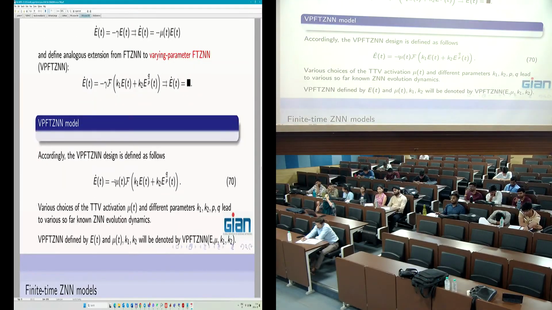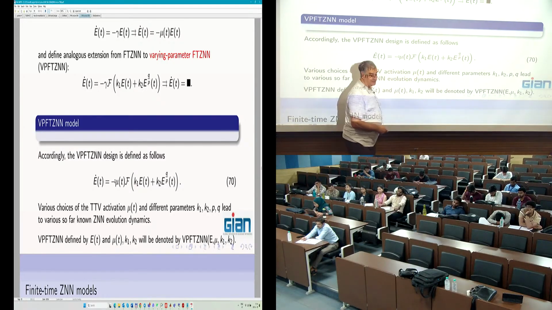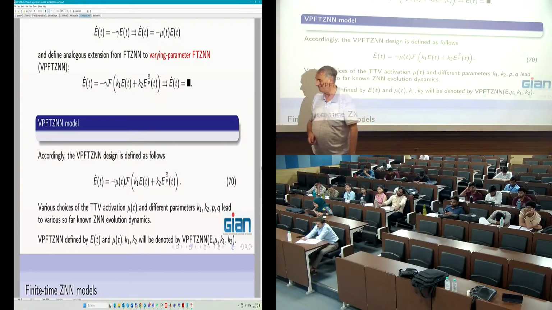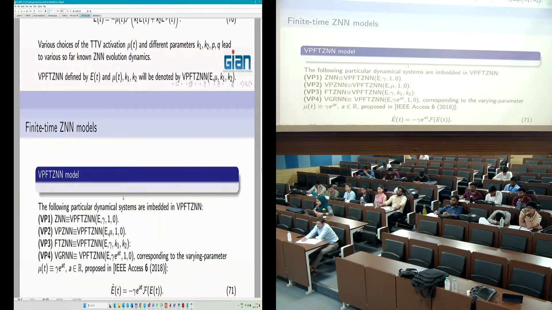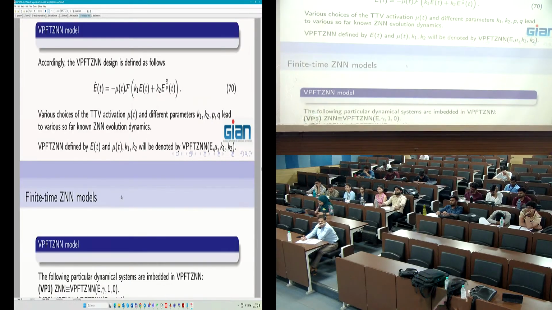The approach was includes error function and varying parameter, time varying parameter, and general VPZ, and obtained many different cases.